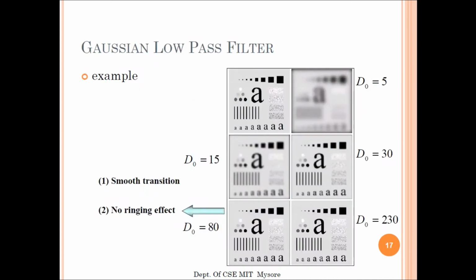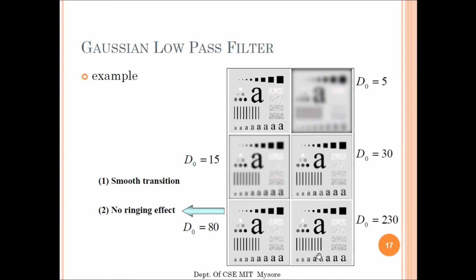So you can see the example output of the Gaussian low pass filter. If D0 is 5, there is a blurring effect, and if the D0 value is increased, there is less blurring. If D0 is 15, it still has a blurring effect, and at D0 30, a little bit of blurring effect.